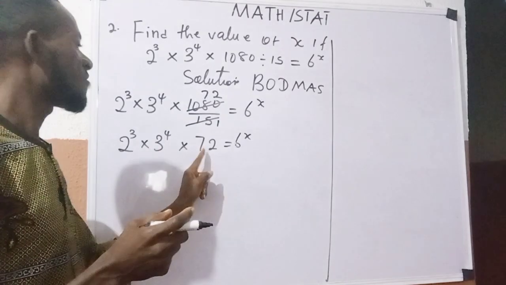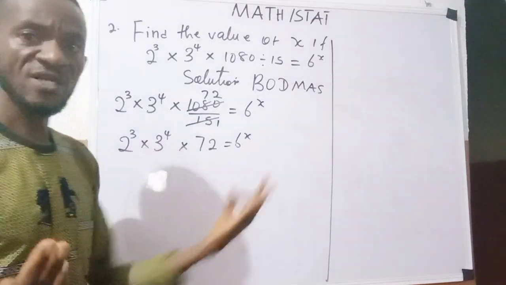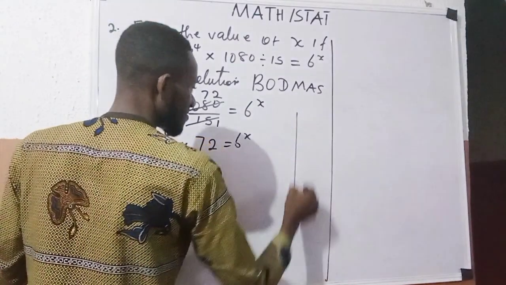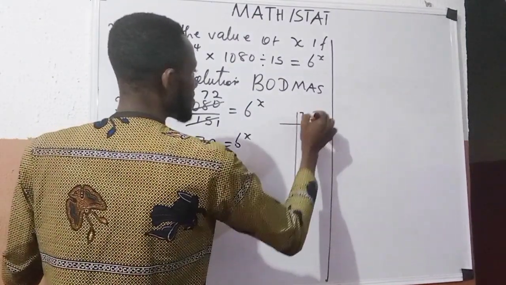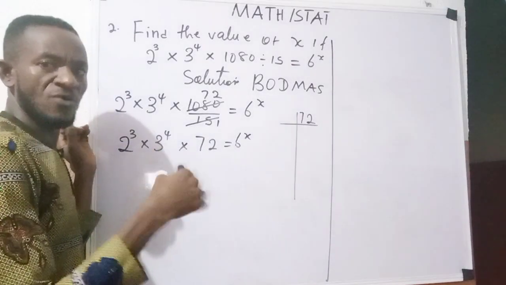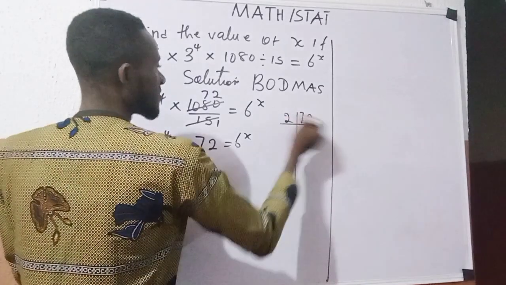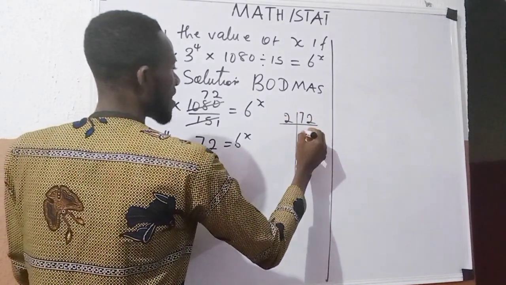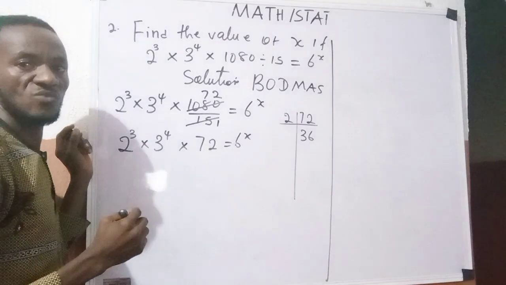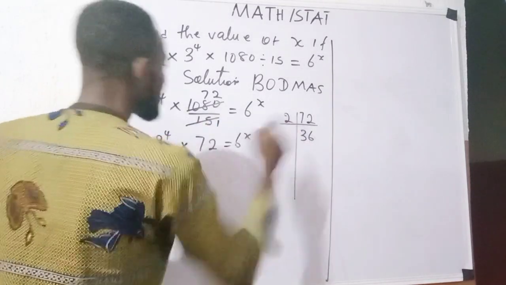So first of all, for that reason, I'll come to 72. Let us see what 72 is. If I do a line like this, and I write 72 here, the smallest number that can go into 72 apart from 1 is 2. 72 divided by 2 should give me 36.